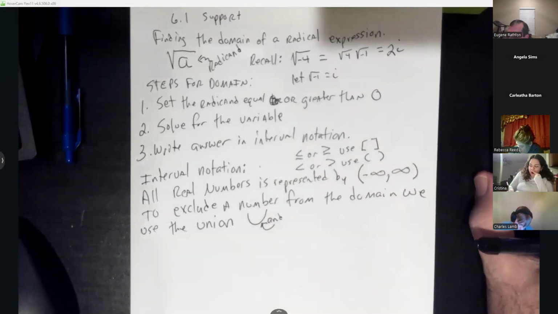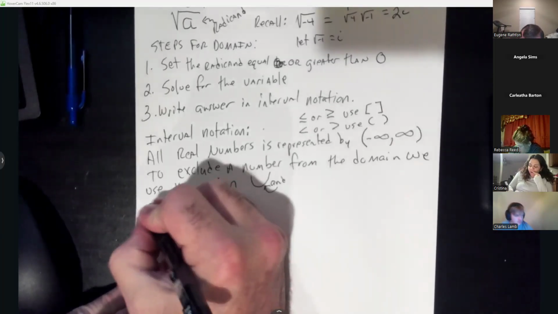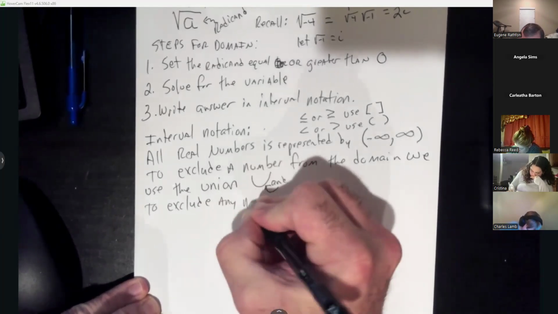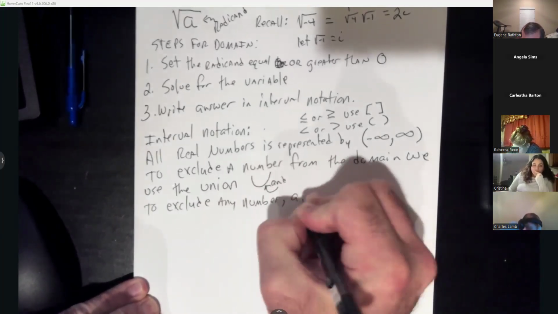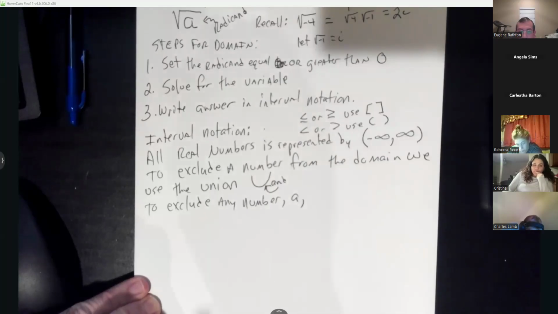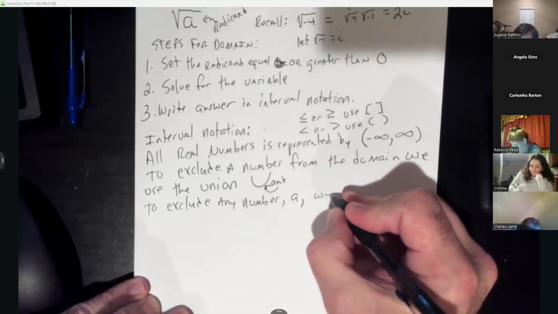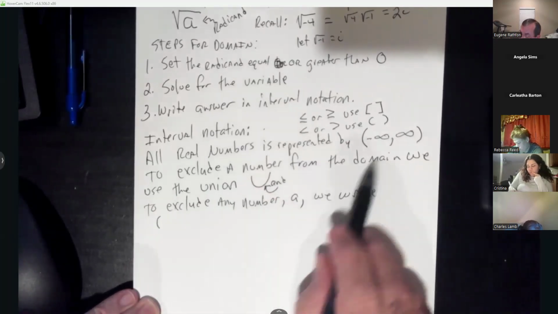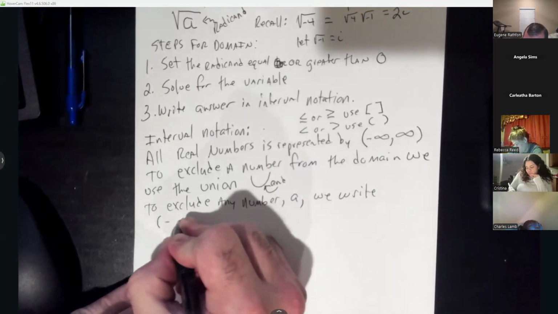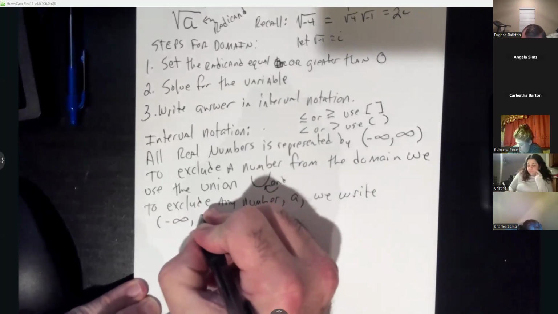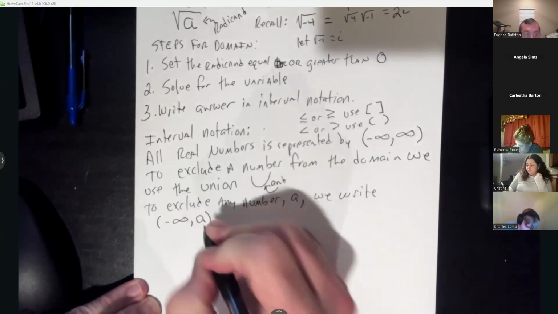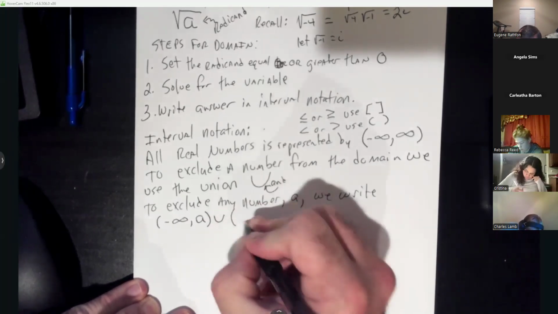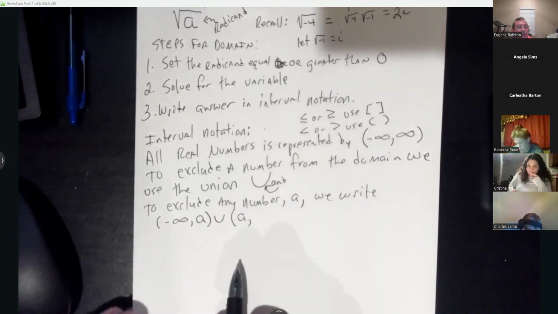Okay. So watch how I'm going to exclude a number. To exclude any number A, so A can be any number, remember, we're starting at negative infinity on the left side. We go up to the number we're excluding, and we put parentheses around it, and then the union, and then parentheses and the number again.